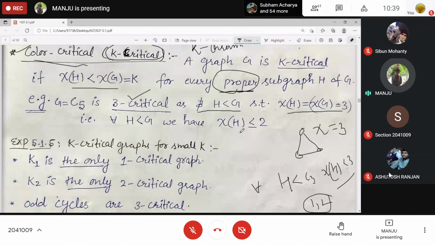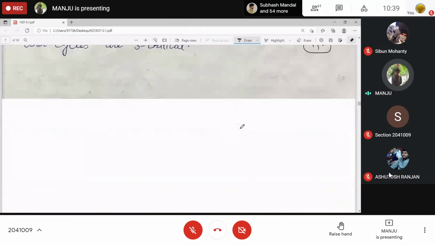Can you give me one example of 1 critical graph? 1 critical means the chromatic number of this graph is 1 and all the subgraphs have less than 1. Then 2 critical.